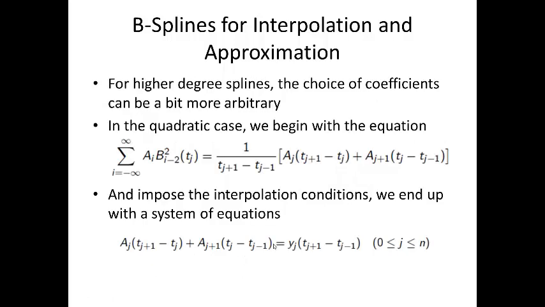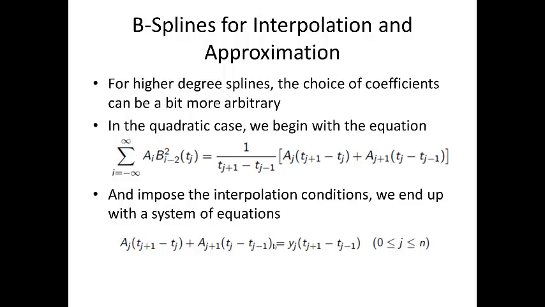What we would like is a higher degree spline, and here the choice of coefficients can be a bit arbitrary. In fact, none of the coefficients is uniquely determined by the interpolation conditions. This fact can actually be advantageous for us if there are other properties that are desired of the solution.